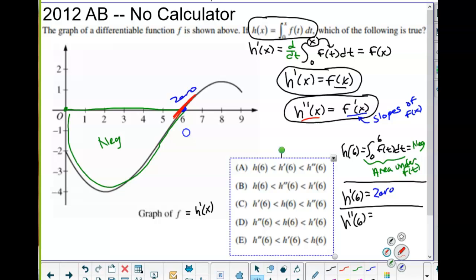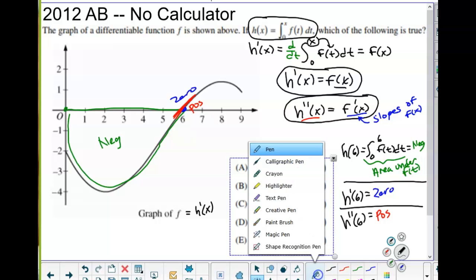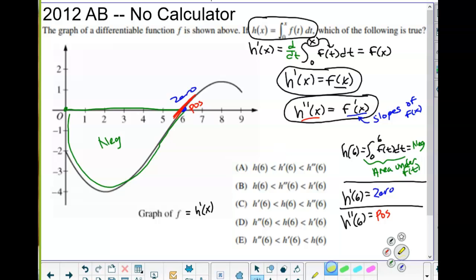H double prime is just the slopes of the graph, and that red slope is positive. So, which one is going to be the largest one? H double prime. So I know it's either this one or this one, because h double prime has to be the biggest, and then the 0 is right in the middle, so then we have h prime of 6, and the smallest h of 6, which leads me to the option.